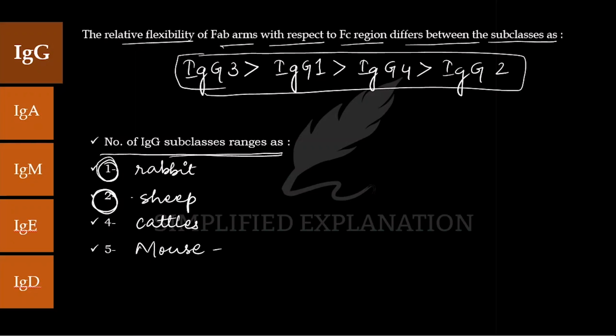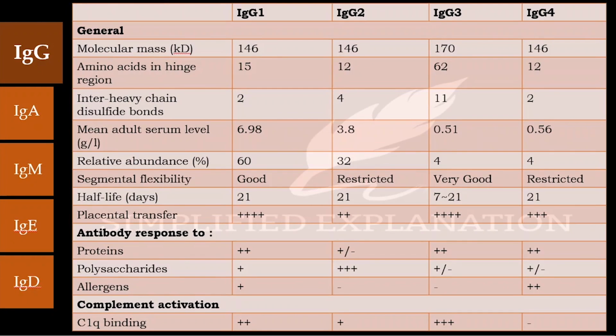So next, moving to the comparison, this table is showing just a brief of whatever we have studied for comparing these IgG classes. Here we can see IgG1, IgG2, IgG3 and IgG4. The general properties have been shown here, like molecular mass in kilodaltons: 146, 170, 146.